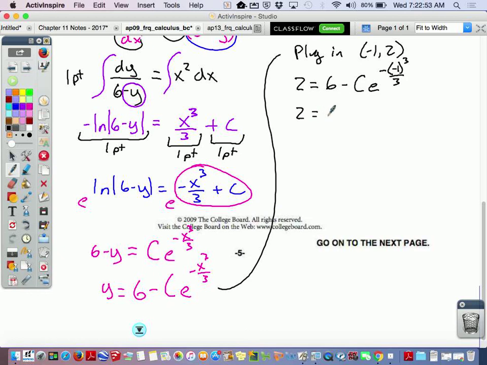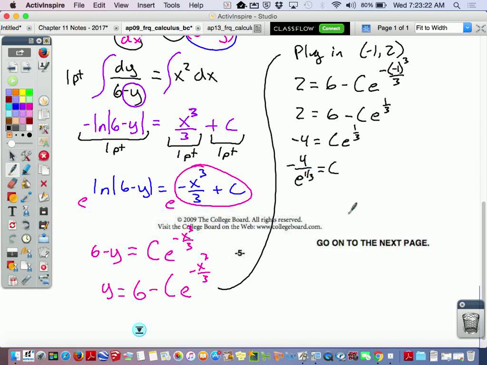So, simplifying this, we get 2 is equal to 6 minus c times e. -1 cubed is a -1. Make another negative, I've got a positive 1/3 from that. Subtract the 6, we get -4 equals c times e to the 1/3. Divide by e to the 1/3, and I get c is equal to -4 divided by e to the 1/3.